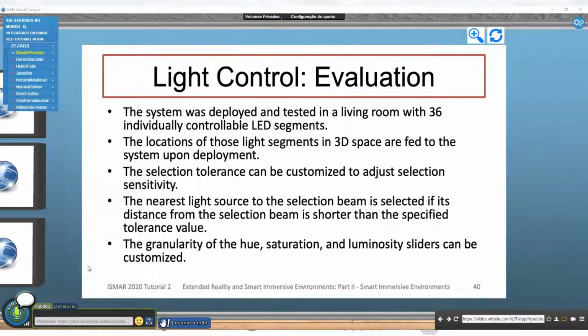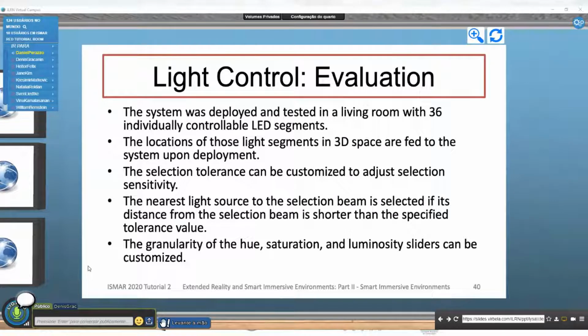We were able to customize selection tolerance and have an algorithm determine which light source is actually selected if there is some overlap, and also customize the granularity of light control, which can depend on the granularity with which a light source can be controlled.